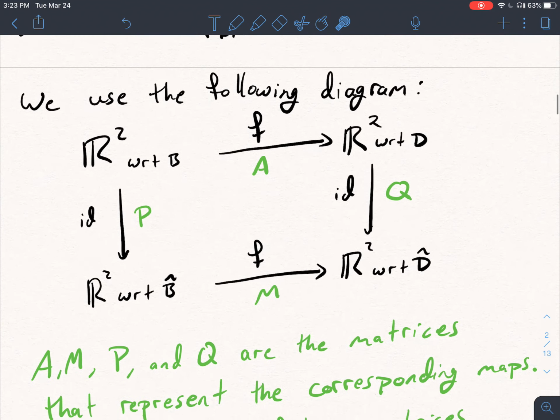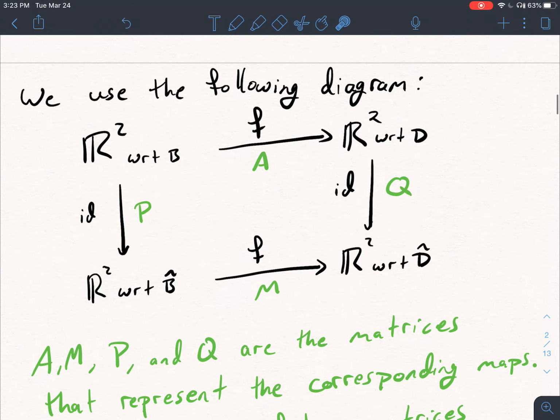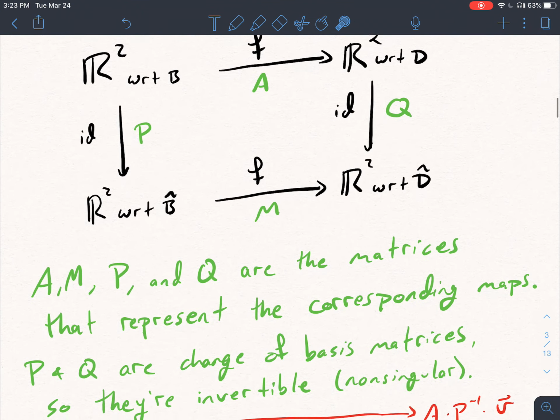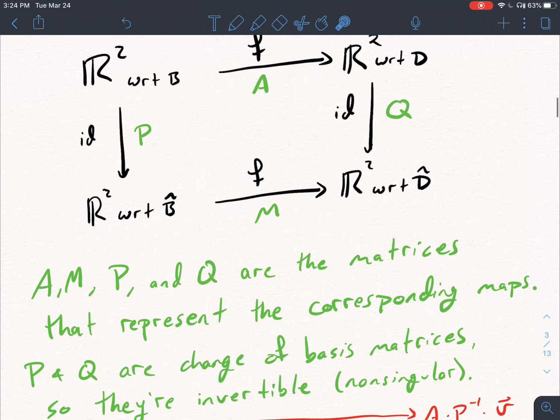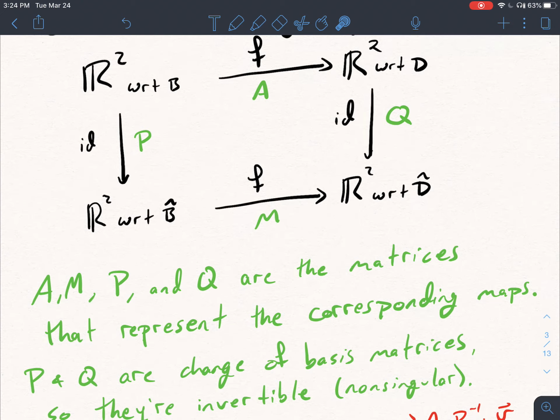Okay, so again, in this picture, A, M, P, and Q are the matrices that represent all of the corresponding maps, and that's important. P and Q are change of basis matrices. Remember that change of basis matrices are always invertible, or non-singular, matrices, and therefore I can always go the reverse direction.